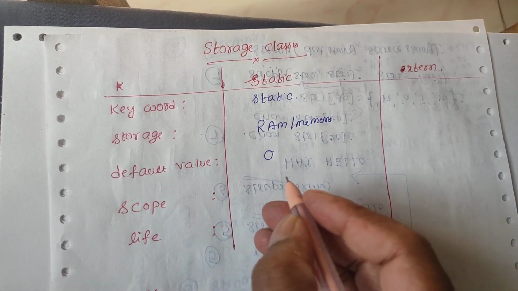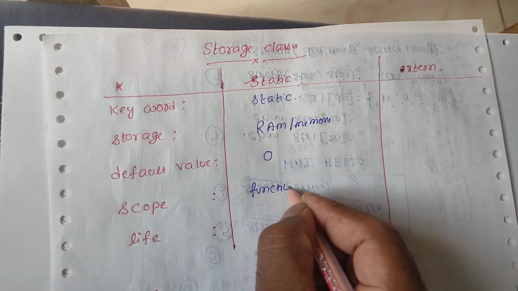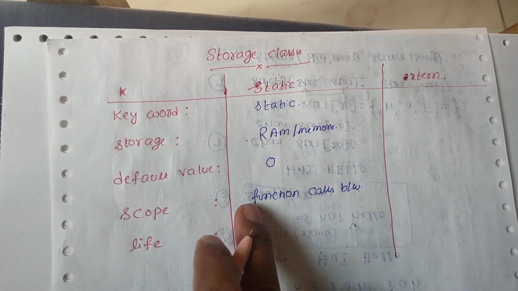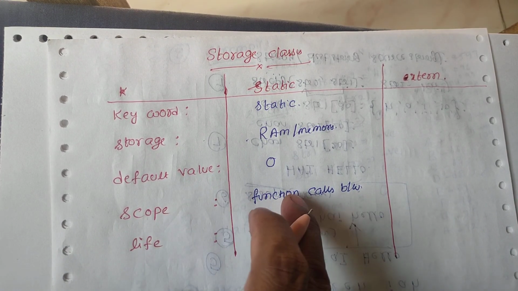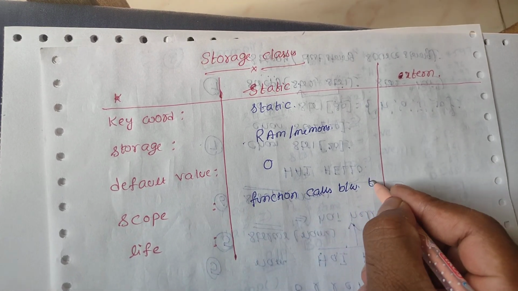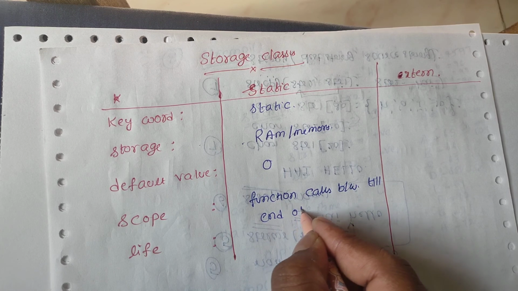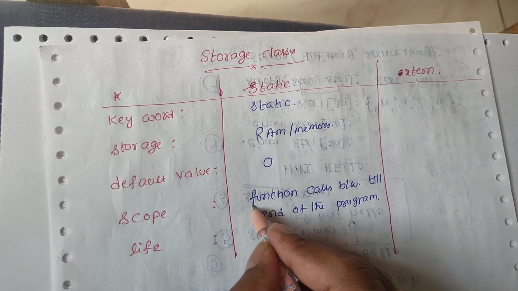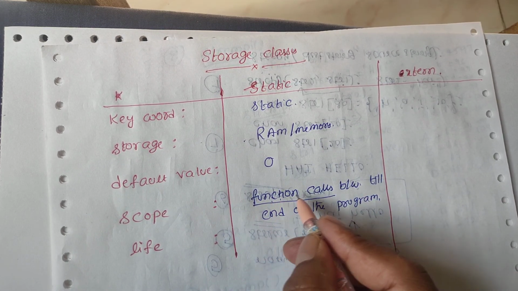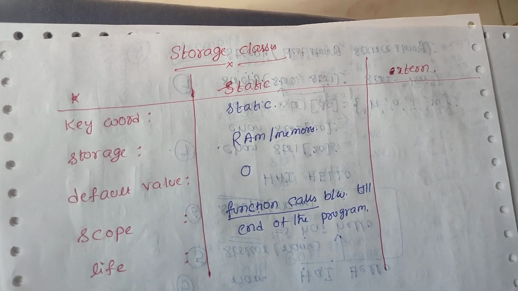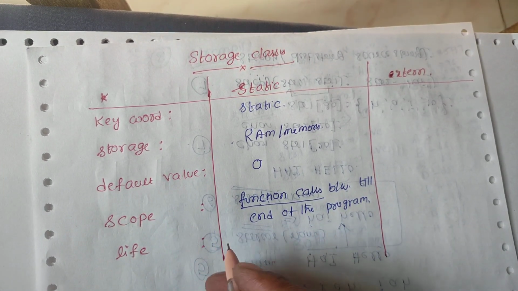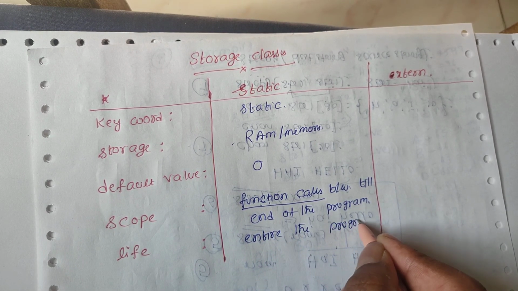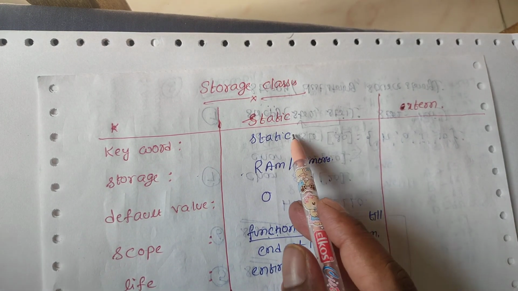Here the scope is between the function calls, within the function, and the life is till the end of the program, the entire program. So this is about the static storage class.